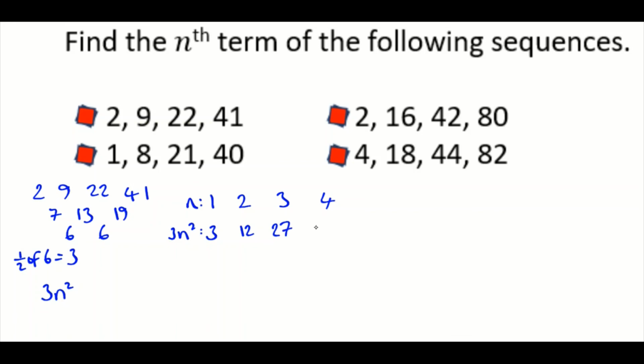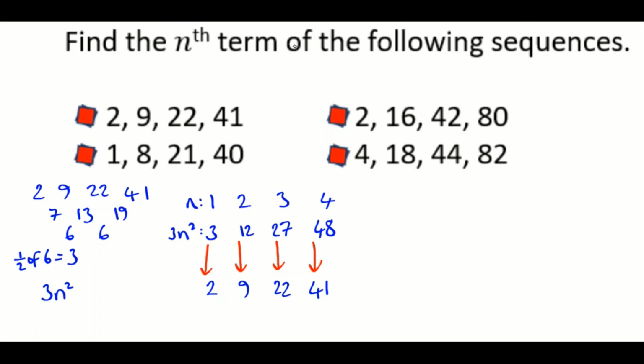And 4 squared is 16 times 3 is 48. So there's 3n squared. And what we need to do is work out what we need to do to get from 3n squared to the numbers we actually wanted, 2, 9, 22, 41.